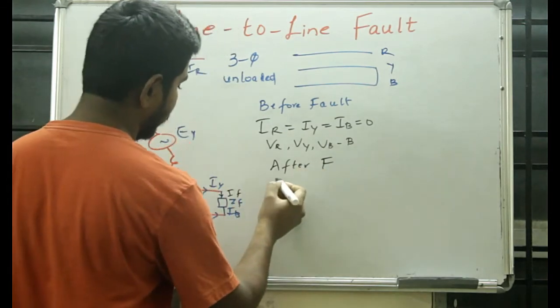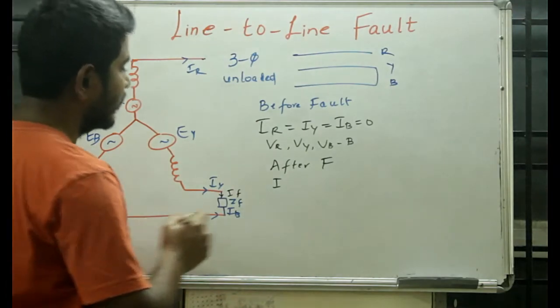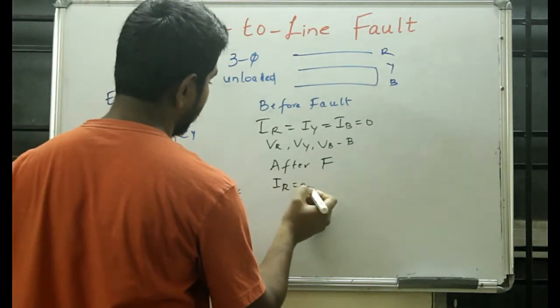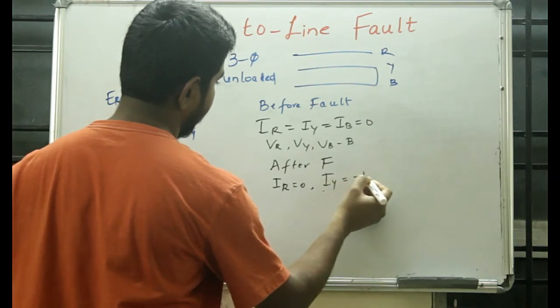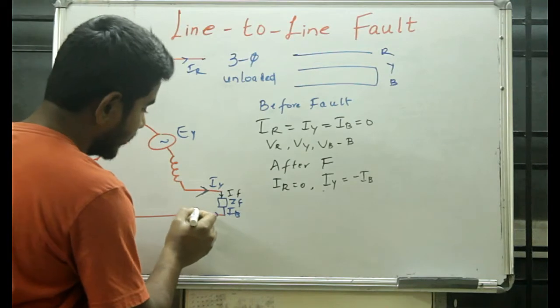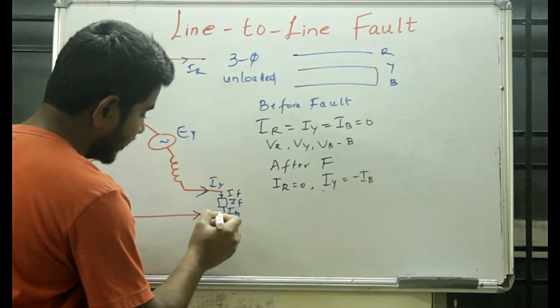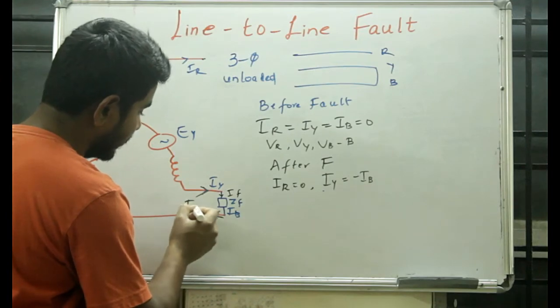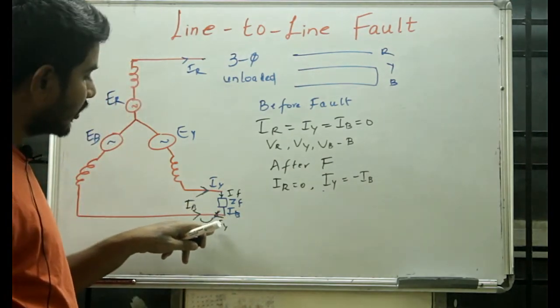After the fault, the R phase will be open circuited, so IR will be equal to 0, and IY will be equal to minus IB. IY is flowing in this direction and IB is flowing in this direction, so the two currents flow in opposite directions.